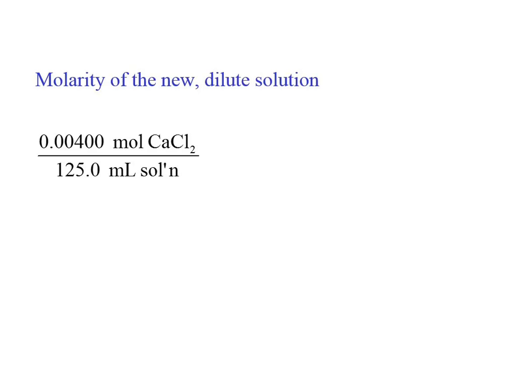Okay, so the new volume was a volumetric flask that had a capacity of 125.0 milliliters. If we look at our units, we don't quite have molarity yet, so we need moles per liter. The next term fixes that. If we put 1,000 milliliters of solution over 1 liter of solution, then by golly, we have moles per liter of solution, which is great.